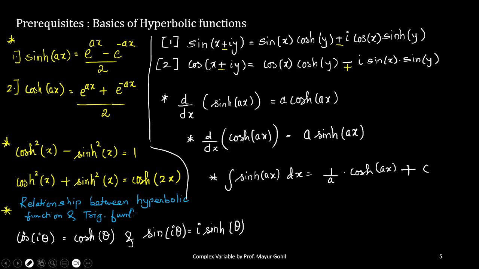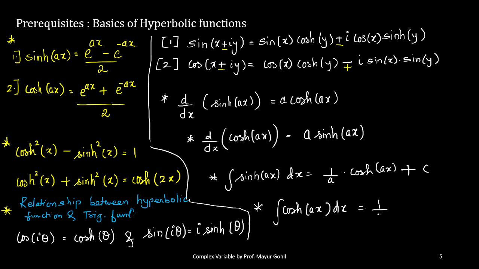Unless there is some condition given to us, we don't have to worry about the constant a lot of the time. So the integral of cosh(ax) dx is going to be 1 upon a sinh(ax) plus c. That's all.